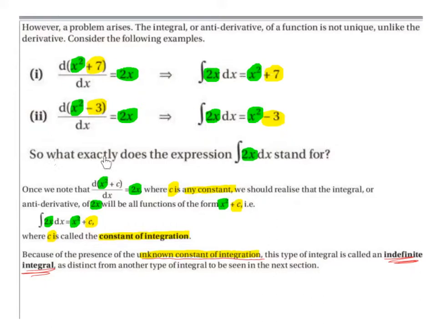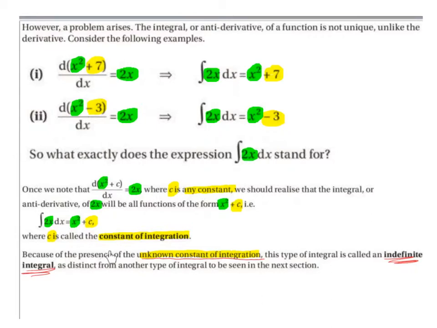So what exactly does the expression integral of 2x dx stand for? Once we note that d/dx of x squared plus c equals 2x, where c is any constant, we should realise that the integral, or antiderivative, of 2x will be all functions of the form x squared plus c, i.e. the integral of 2x with respect to x is equal to x squared plus c, where c is called the constant of integration.